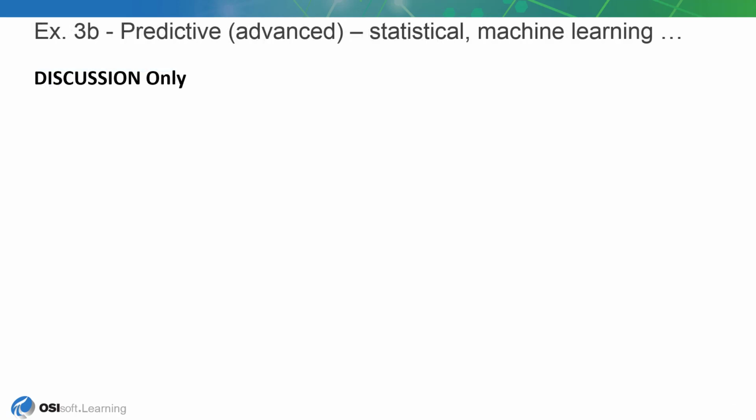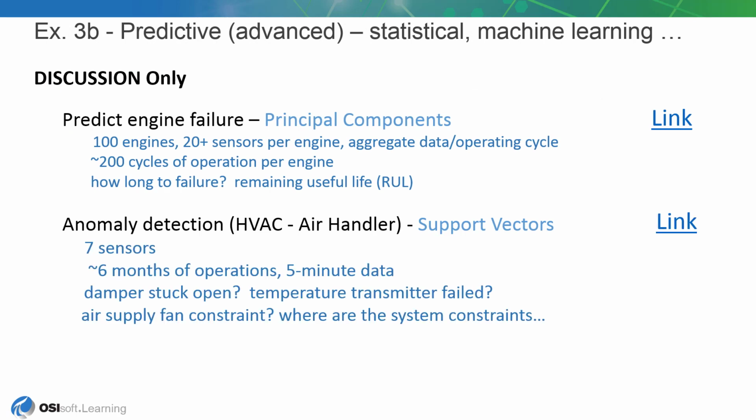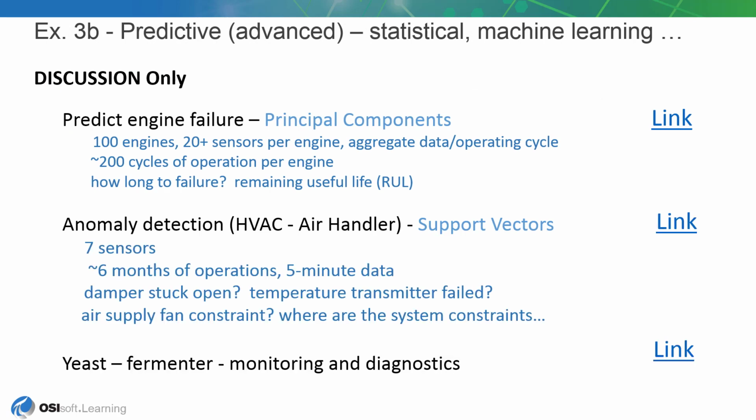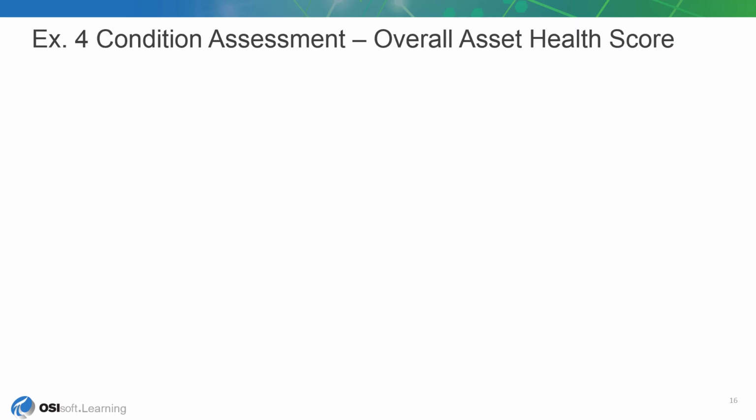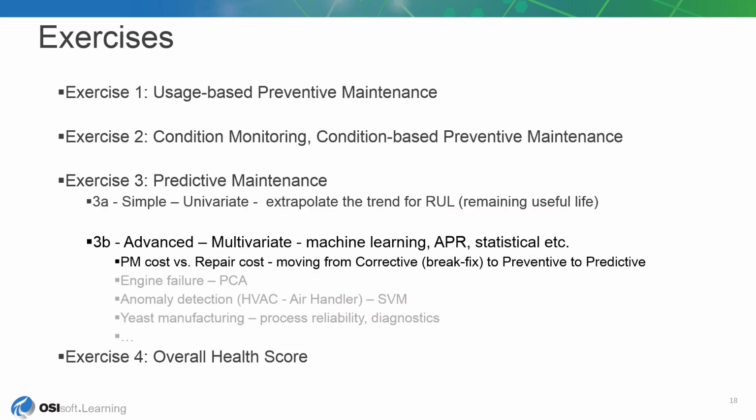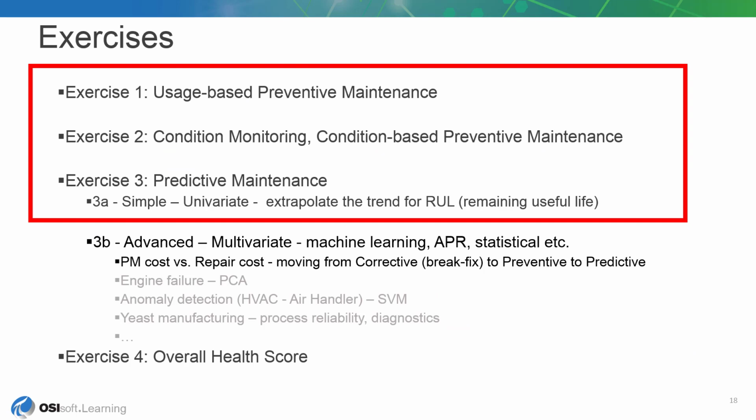Exercise 3B on advanced predictive and exercise 4 on asset health score, we will pick up these two topics later in the course. The next section is the hands-on exercises 1, 2, and 3A.